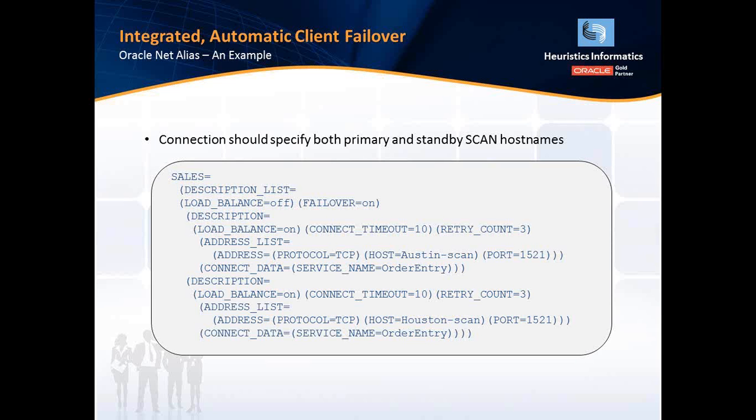Between the two descriptions, we've got load balancing disabled because obviously Data Guard does not allow for load balancing, but failover is enabled, which means if an application attempts to connect to the primary database and is unable to do so, it will automatically fail over to the secondary location, which is the standby database.